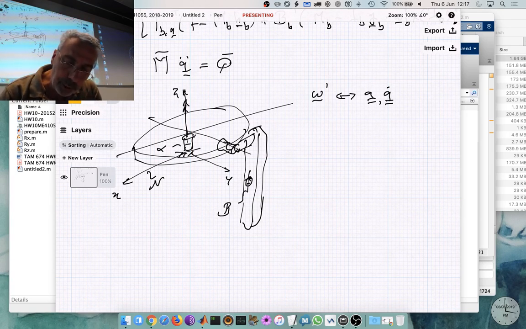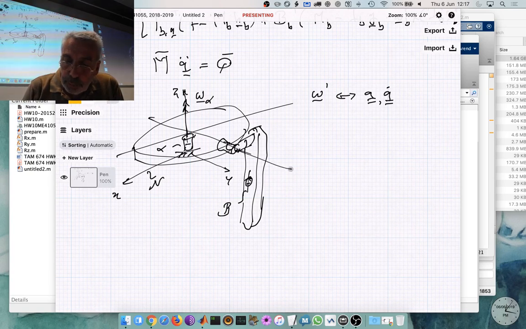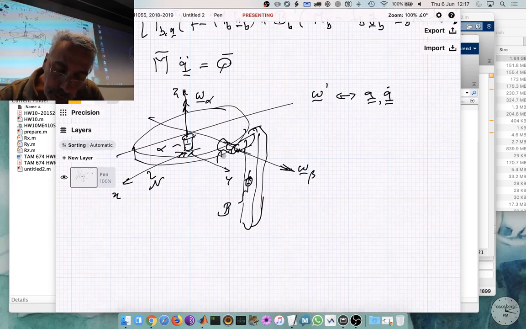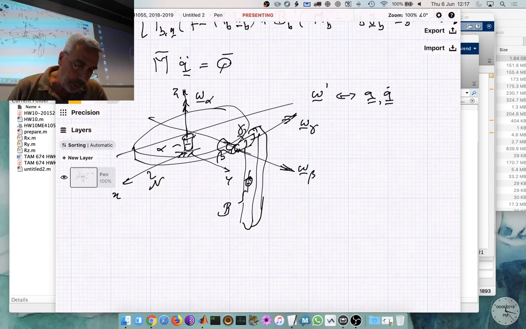So this is an angular speed, omega alpha. This is an angular speed vector, this is omega beta. That's the beta axis. And this is the gamma axis. And then here we have perpendicular this omega gamma.